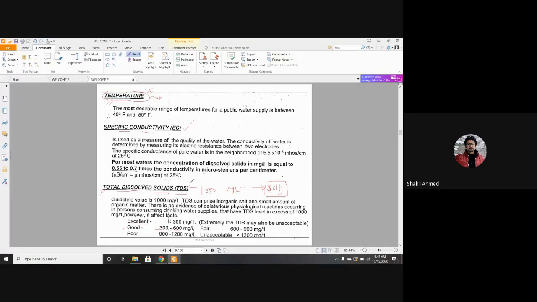Because TDS is very high, 1000. But when it exceeds 1200 milligram per liter, that is unacceptable to drink. Clear? Yes, sir.